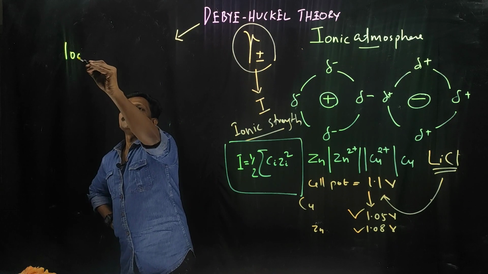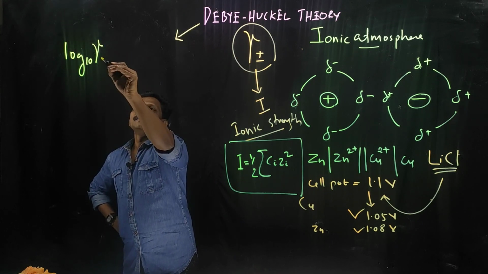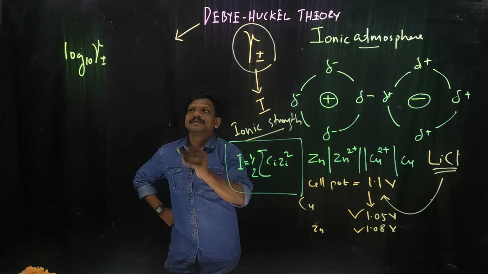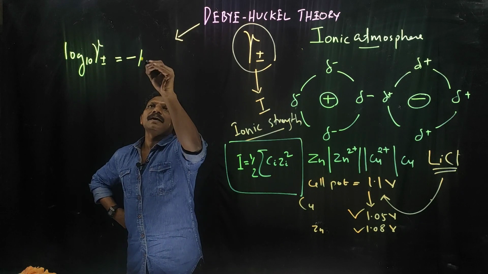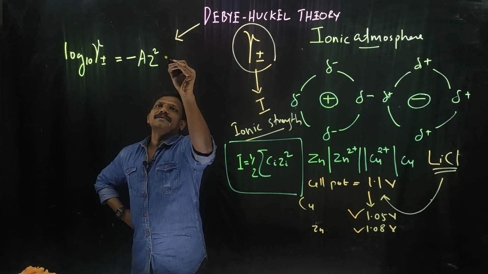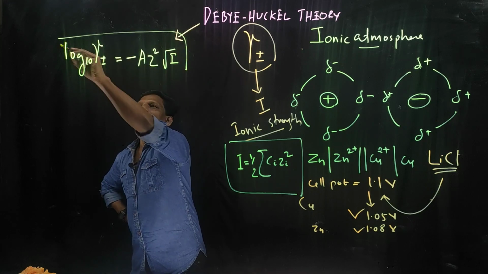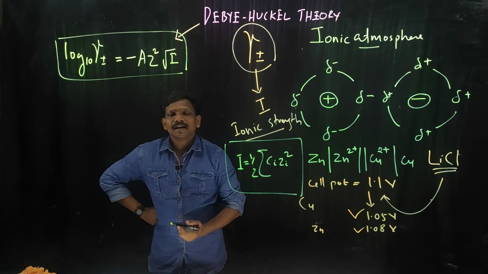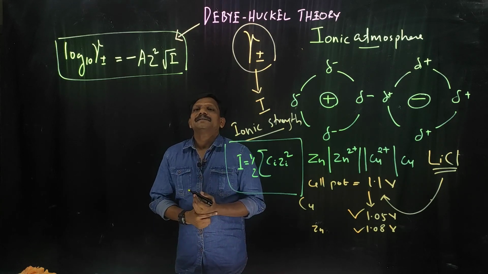So the equation is log base 10 gamma plus minus, that is the activity coefficient, is equal to minus A z square into root I. This is the equation from the Debye Huckel theory.